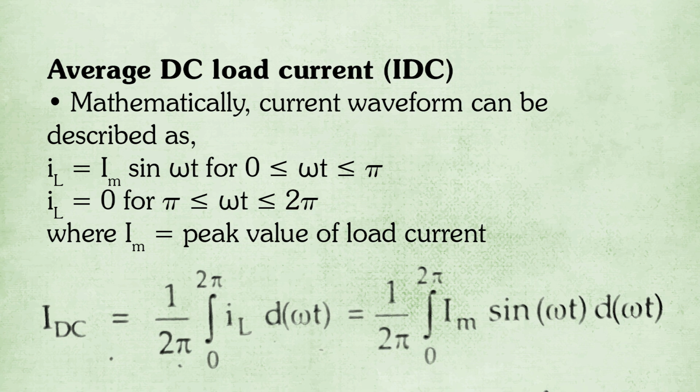So, the average DC load current will be IDC, and its numerical value will be equal to 1 upon 2 pi integration 0 to 2 pi IL d omega t. From here we can see it will be equal to 1 upon 2 pi integration 0 to 2 pi Im sin omega t d omega t.